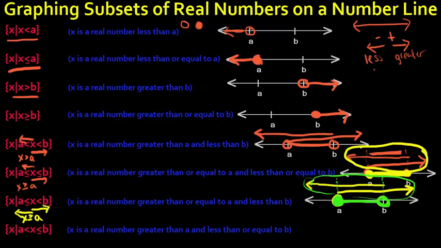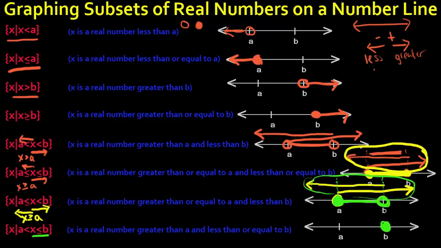Okay, and the last one, x such that a is less than x, which is less than or equal to b. So x is a real number greater than a and less than or equal to b. So we'll start here with x is less than or equal to b. So less than or equal to means fill it in.